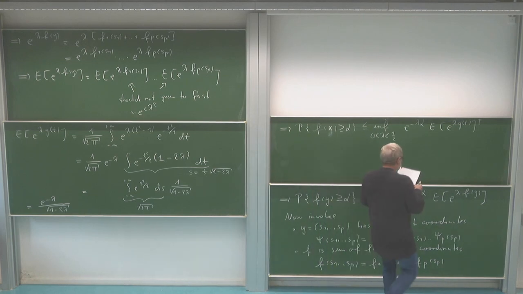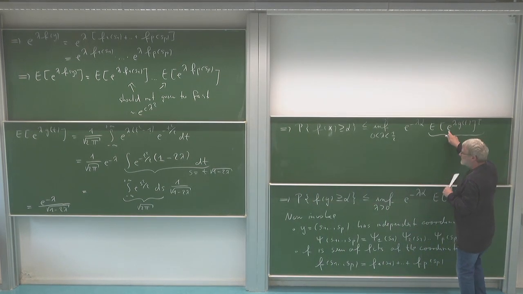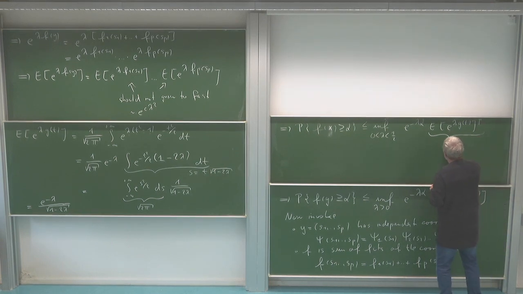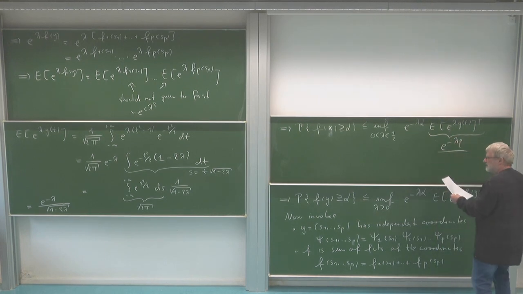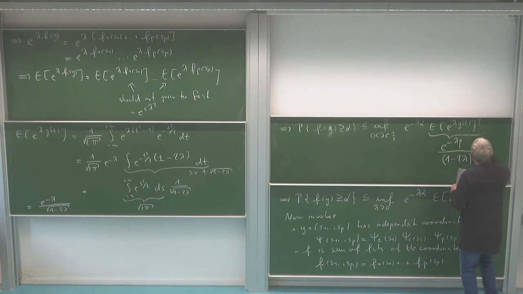And that's what we calculated. So this guy here was e to the minus lambda, but I take it to the power p, so I get e to the minus lambda p, and I have to divide it by the square root. So I have 1 minus 2 lambda. Square root is to power 1/2, but I also have the power p, so I have the power p over 2 here.